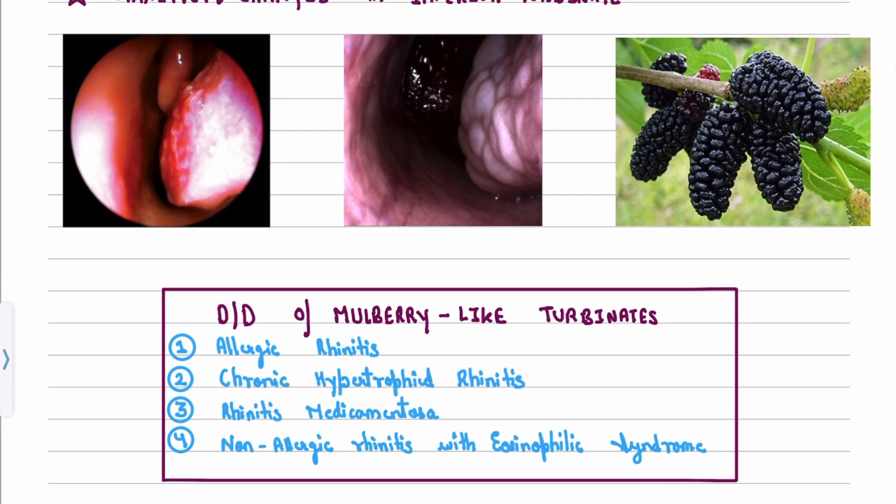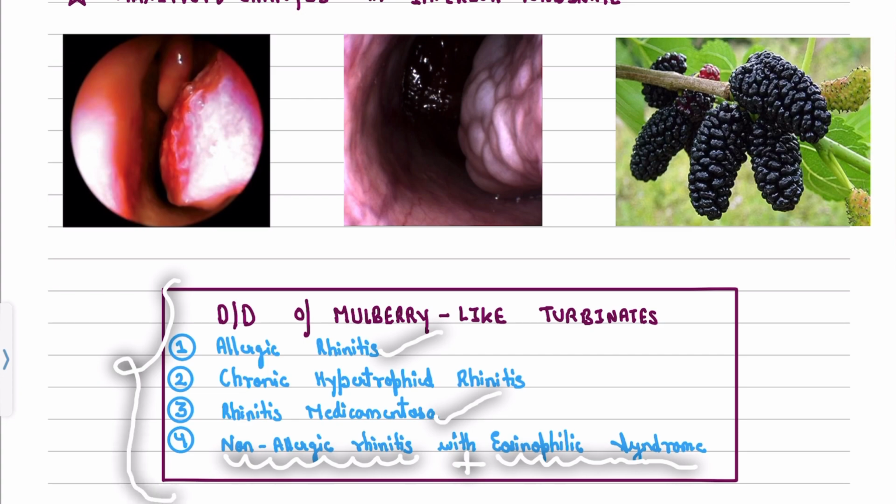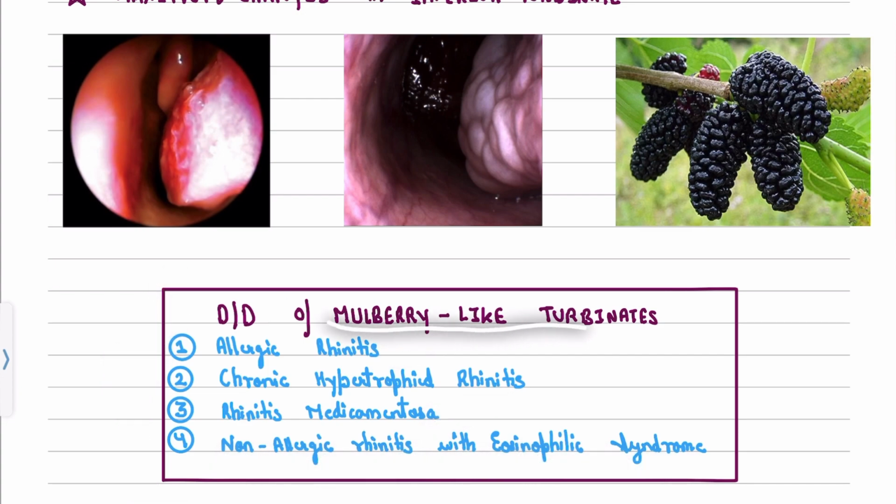It is also seen in cases of allergic rhinitis, rhinitis medicamentosa, and non-allergic rhinitis with eosinophilic syndrome. So you have to remember all four of these in which we see mulberry-like turbinates: allergic rhinitis, chronic hypertrophic rhinitis, rhinitis medicamentosa, and non-allergic rhinitis with eosinophilic syndrome.